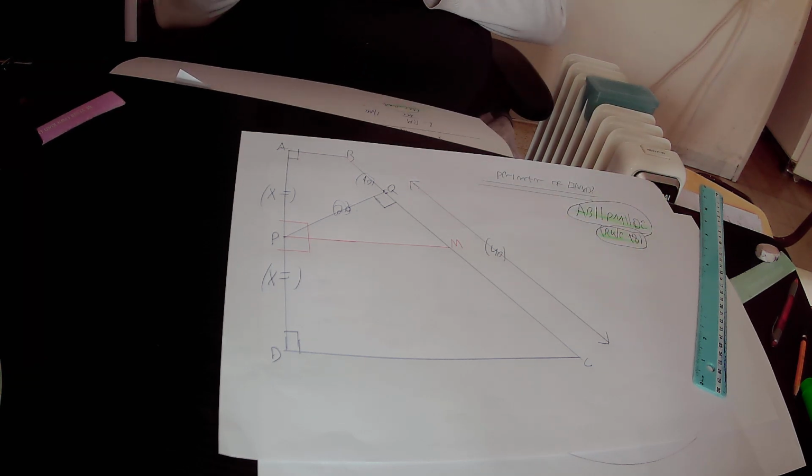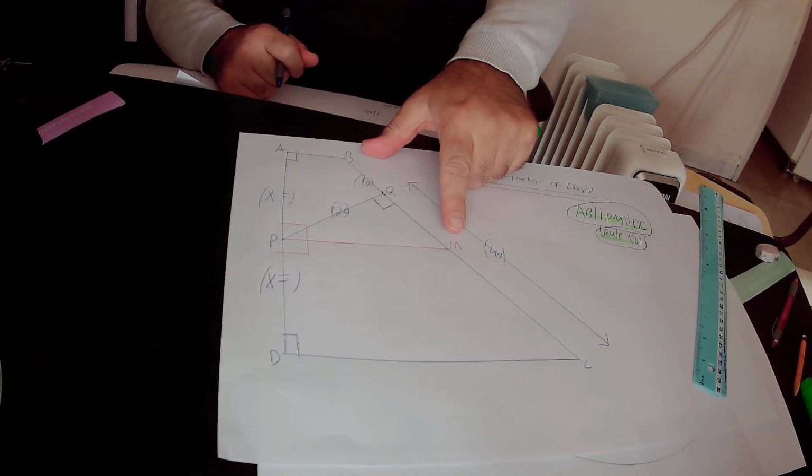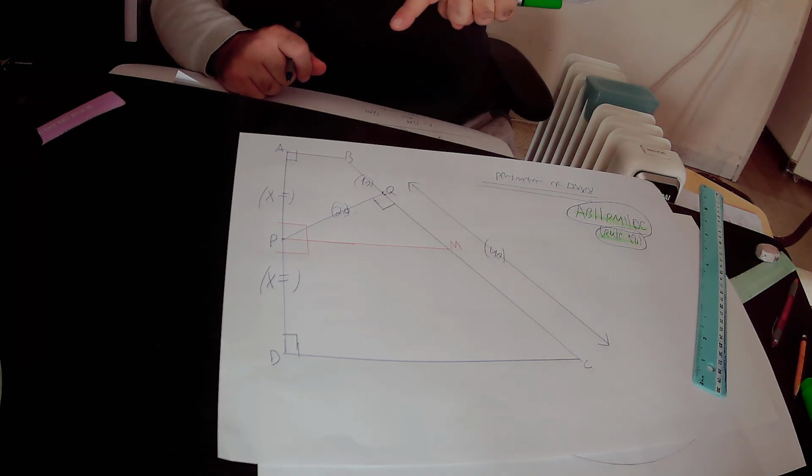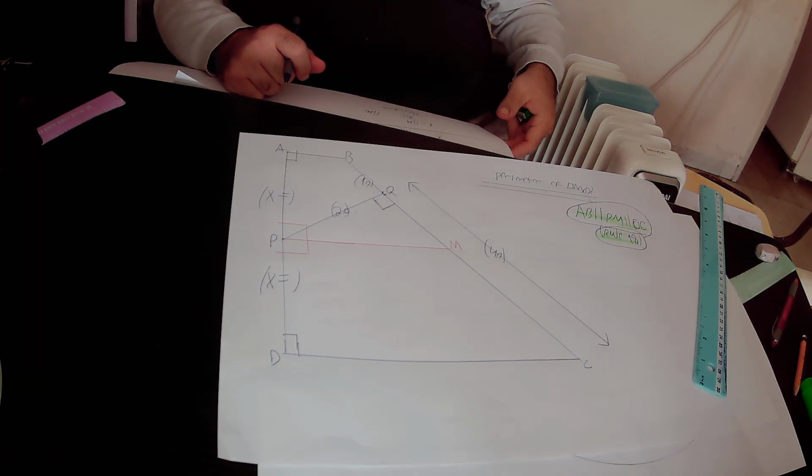The first half of BC is BM, and it is of course equal to the second half of BC, that is MC, and each half must be equal to BC over 2 because BC is being bisected into two halves.